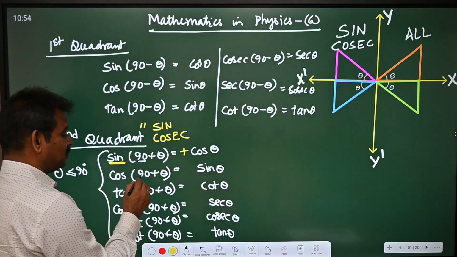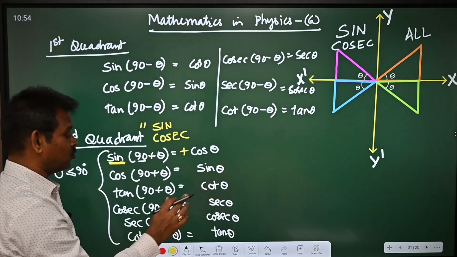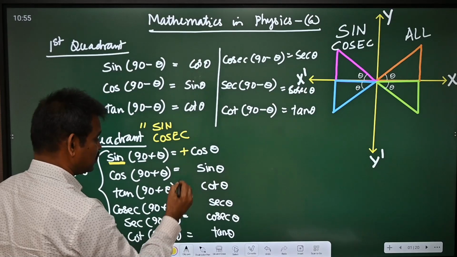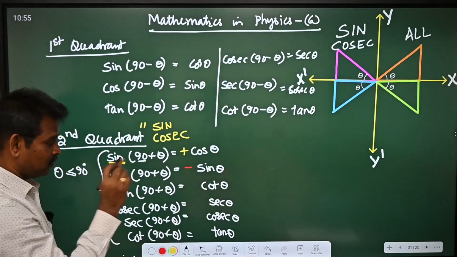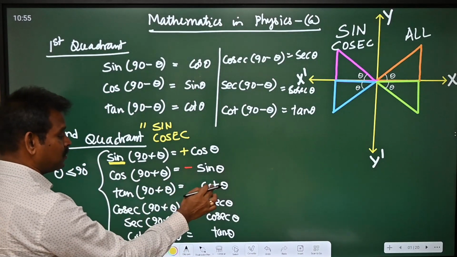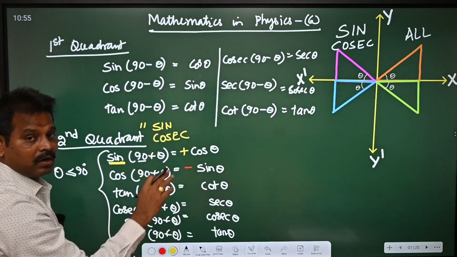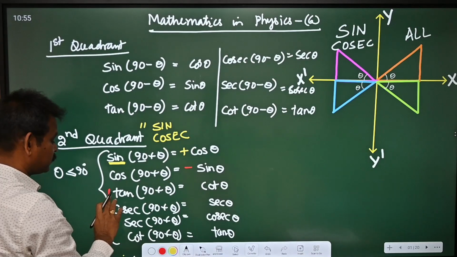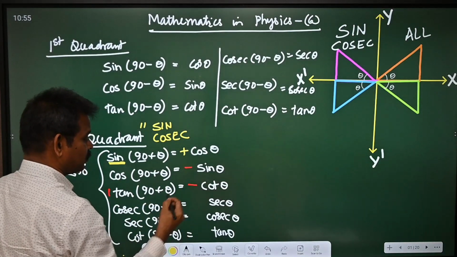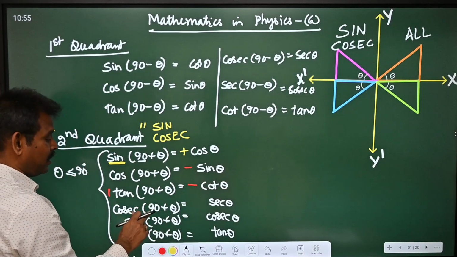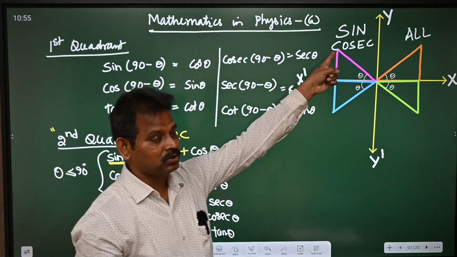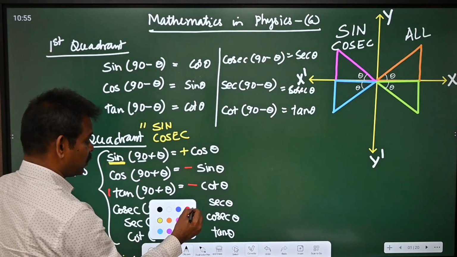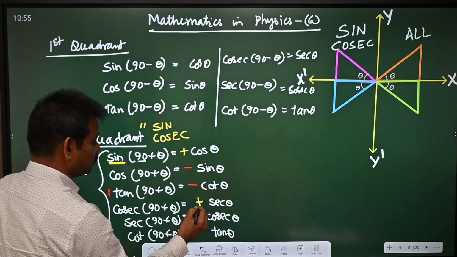Here cos 90 plus theta is sin theta, that part is over, but cos in the second quadrant is negative, so you should write this as negative here. Similarly, tan 90 plus theta is cot theta, but in the second quadrant only sin and cosecant are positive. Tan is also negative, so I am going to write negative here. Cosecant 90 plus theta becomes secant theta, but this value will be positive here.